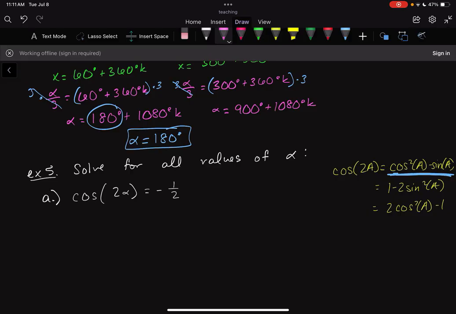So I would like to tell you, please do not use an identity when you don't need to. If you have a singular trig function and there's just something else in the parentheses, it's best to do it the way that I've shown.